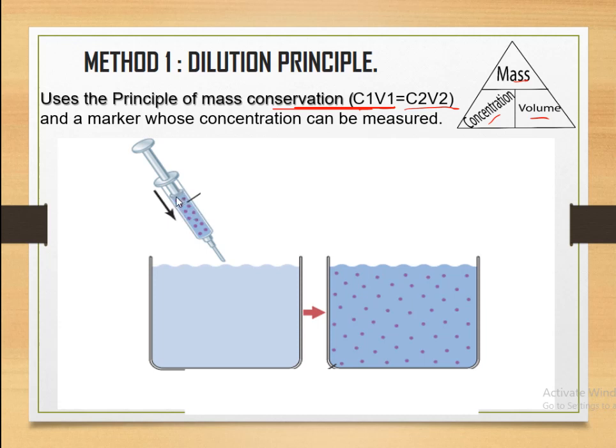You can mark it as indicator A. So automatically we know that it is made up of the mass, which is volume A, the volume of this indicator, times the concentration.